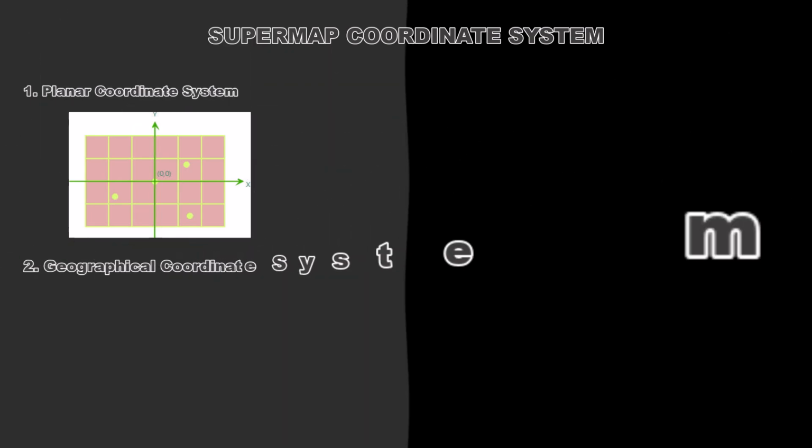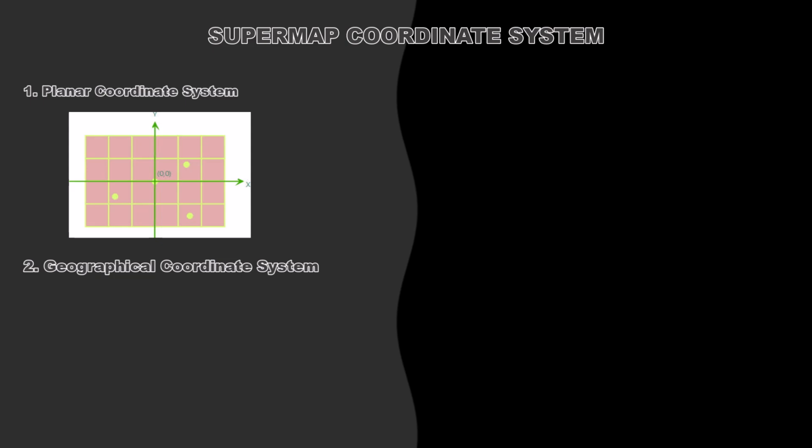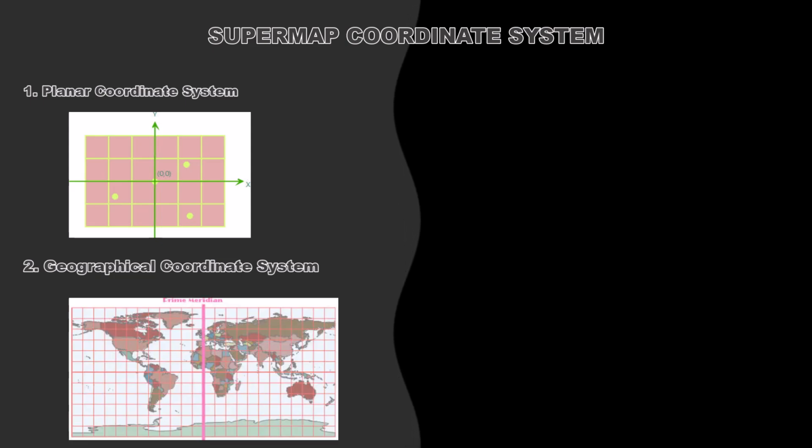The second is the geographic coordinate system. It uses longitude and latitude to denote any location on Earth's spheroid. In geographic coordinate system, the definitions of datum, prime meridian, and units of angle are usually included. WGS 84, Beijing 1954, Clark 1866 are commonly used geographic coordinate system.